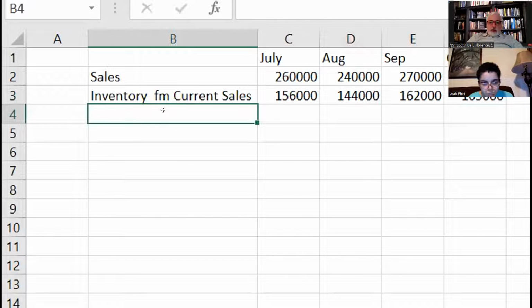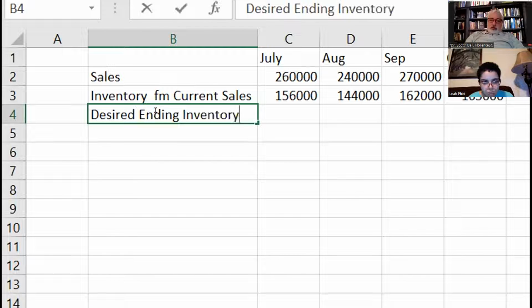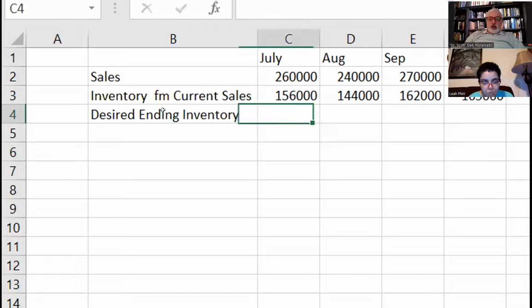And then we're going to have our total inventory. I'm going to have how much desired ending inventory, that 50% number, just 50% of the following month's cost of sales.